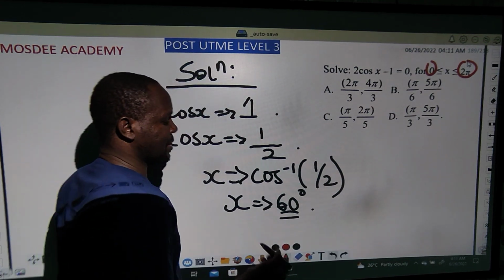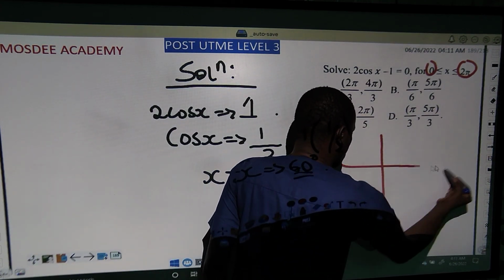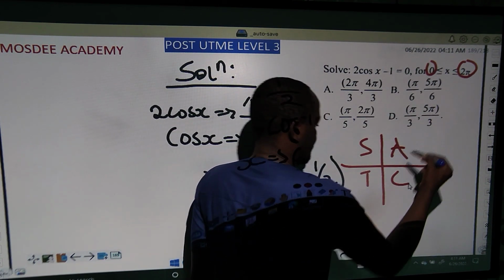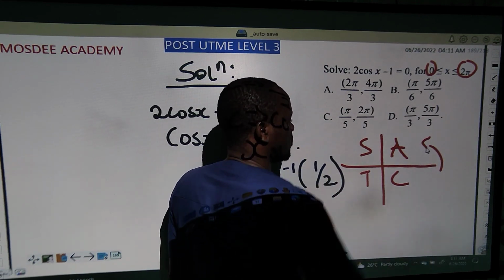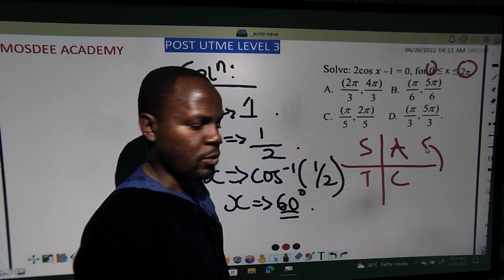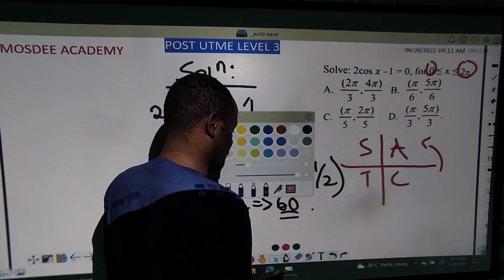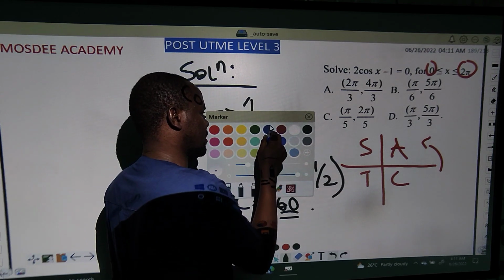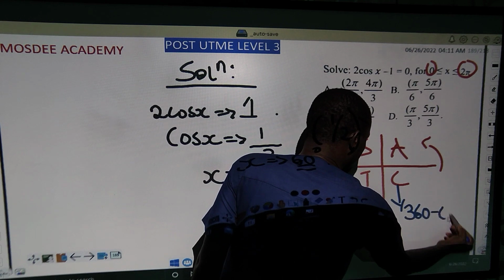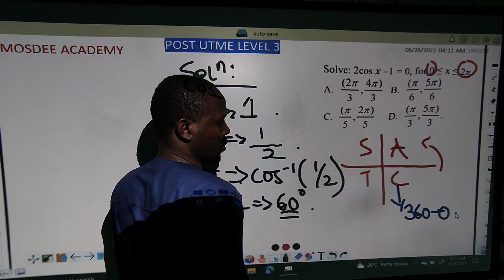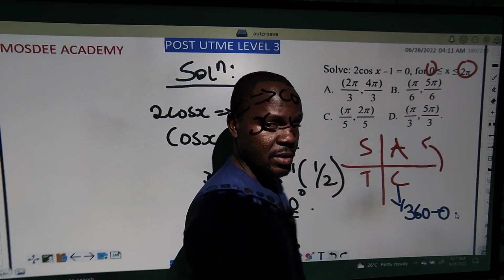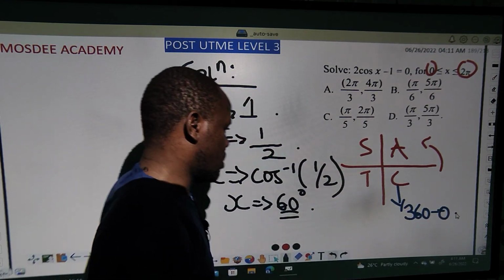So now remember the concept of All Students Take Coffee. First, second, third, and fourth quadrant. So cosine is also positive in the fourth quadrant. The easier way. You don't need to go to the most advanced way to explain simple things. At the fourth quadrant, we use 360 minus theta. Note that. So we have 180 minus theta, 180 plus theta, or theta minus 180. So then we move like that.